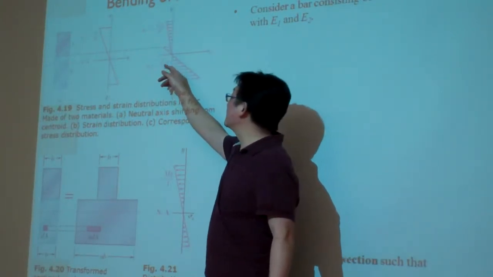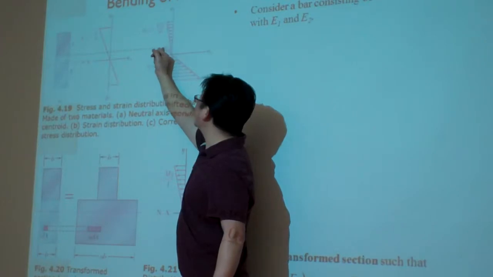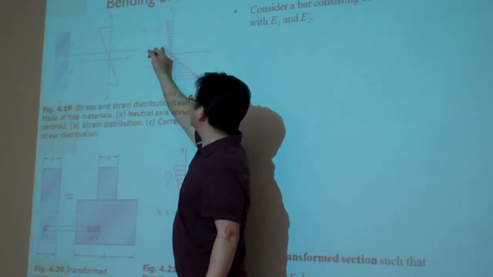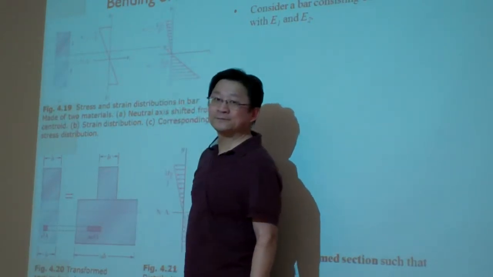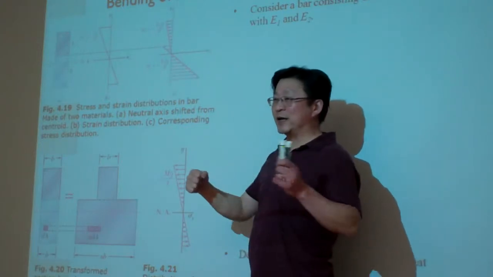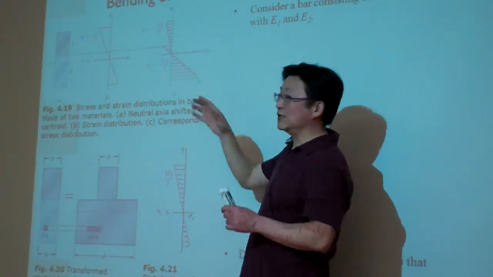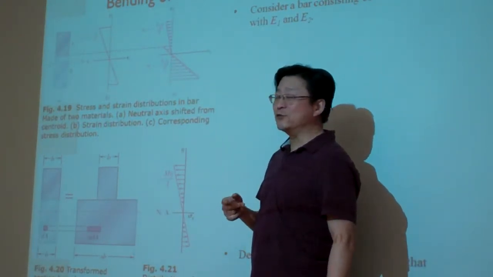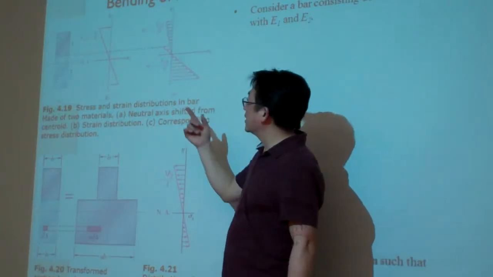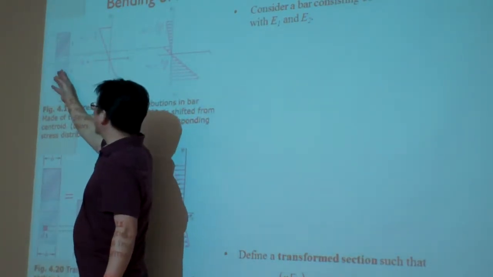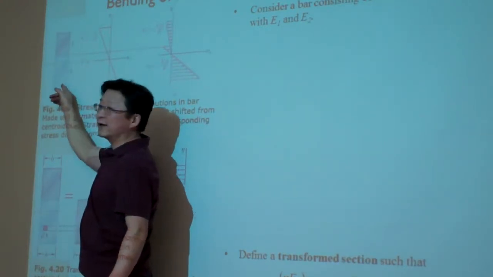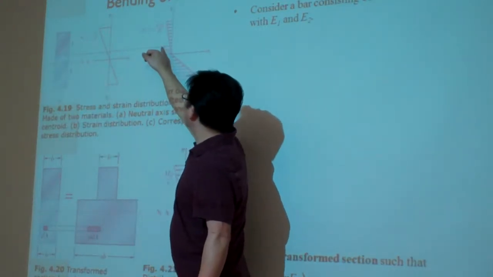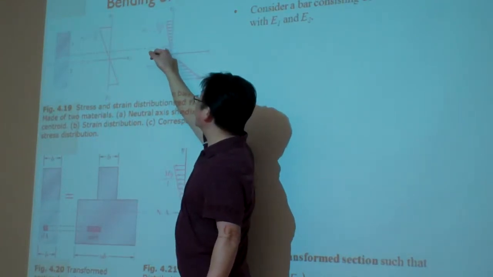Right? So that means you can simply compare the stress at the interface here. The stress in material 2, for example, is 3 times larger than the stress in material 1. If we want to make the stress equal, then the strategy is this. We know that stress is force divided by area.